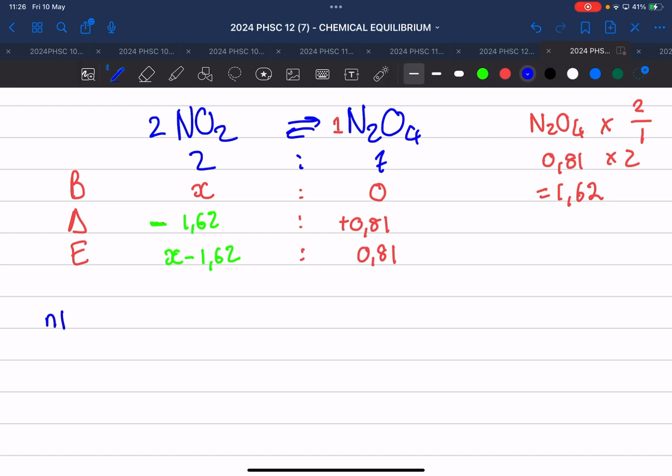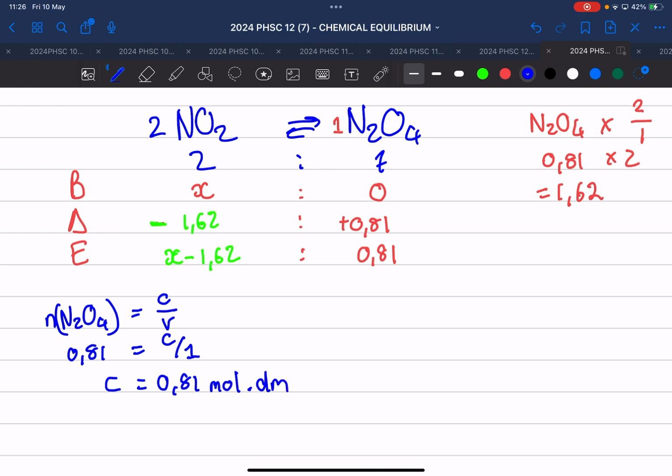So we have our moles of N2O4, which would be equal to our concentration divided by our volume. We have 0.81 moles, and we have a volume of 1 cubic decimeter. So our concentration is 0.81 moles per cubic decimeter.